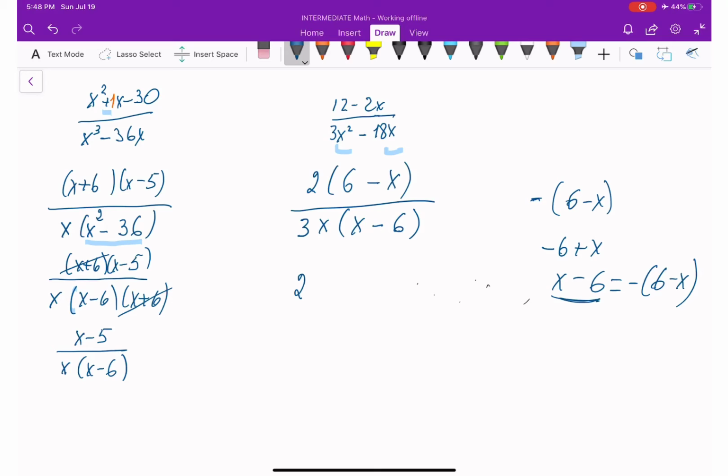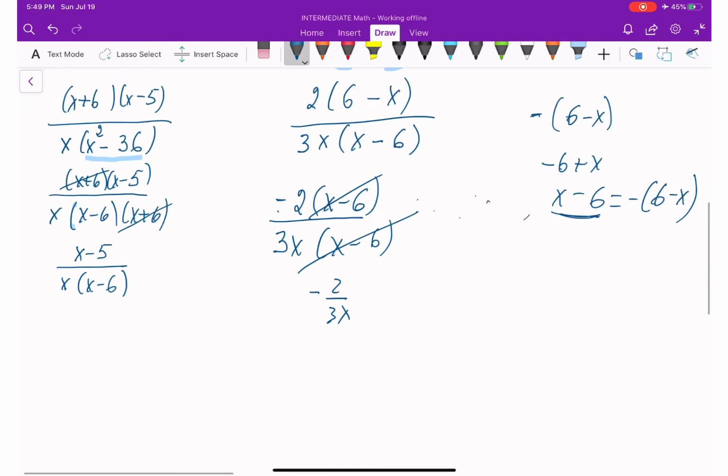You put a negative sign and you flip the terms in the parentheses. So 2 times, I will put a negative sign in front. So instead of 6 minus x, I will have x minus 6 because I put a negative sign in front. At the bottom I have 3x and x minus 6. All right, x minus 6 is gone and we get negative 2 over 3x. Okay, next one.